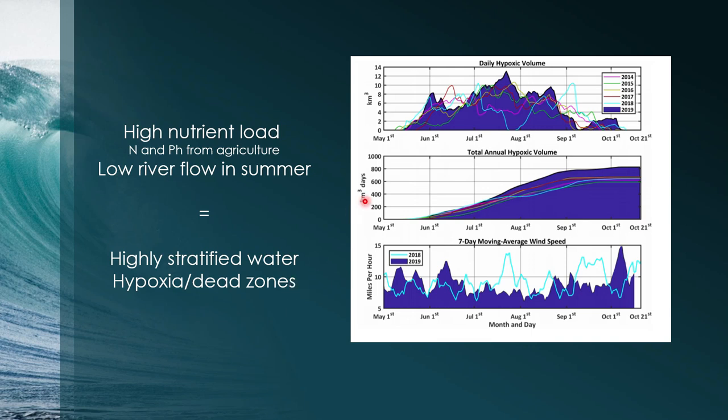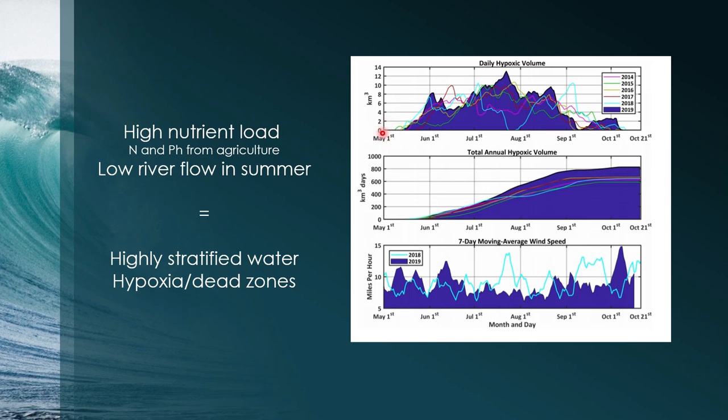So we can look at hypoxia that occurs over time in the Chesapeake Bay. We have several years here. Blue is the most recent year they have data for, 2019. You can see the daily hypoxic volume, which is basically how much of this particular area is hypoxic.